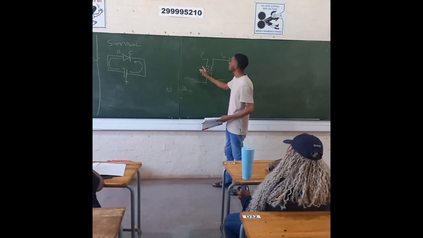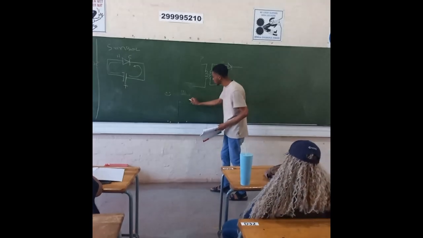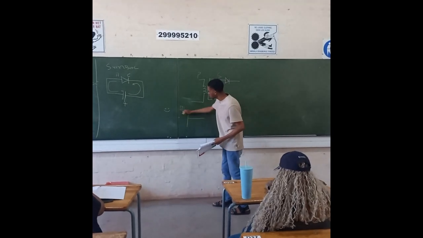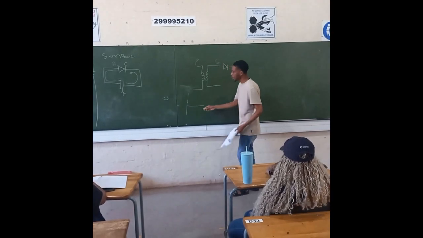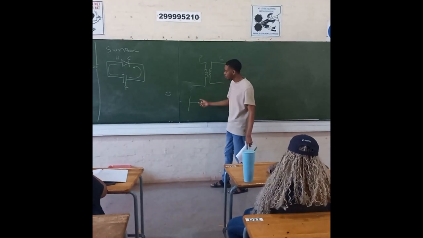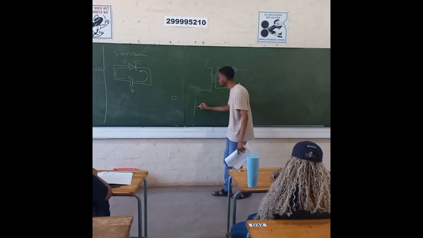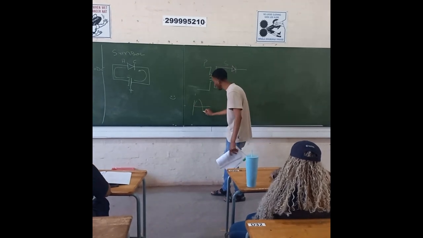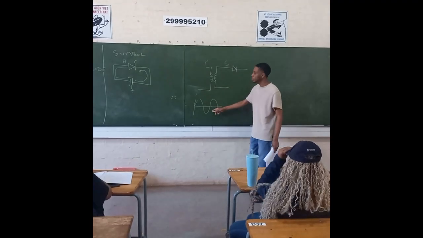So here, with a transformer, you're going to have an input. I know I'm too quick, but if you were to describe the behavior of the voltage, it's a sinusoidal wave, a sine wave. So an alternating current is represented in this manner. It's alternating.